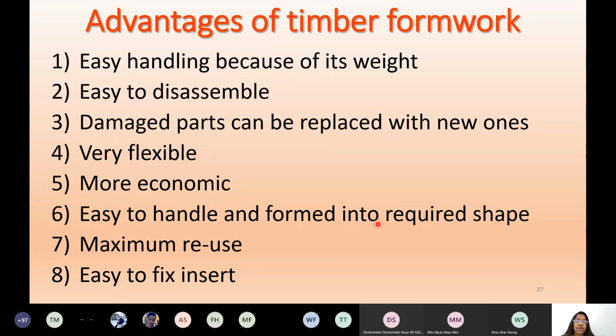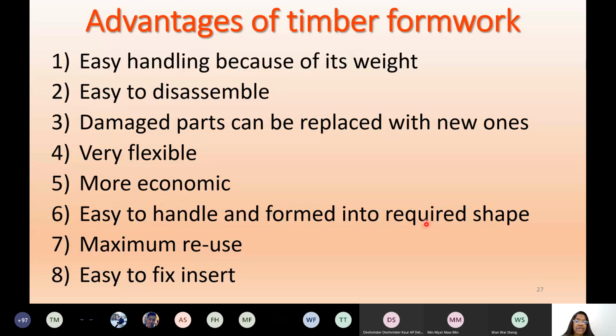With wood, there are techniques for smoothing it. I forgot the names now. You have to use the proper tool to smooth it, to surface it, and bring out the required form, required shape, required size.